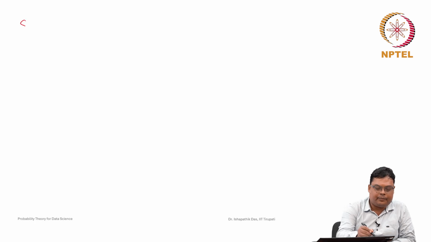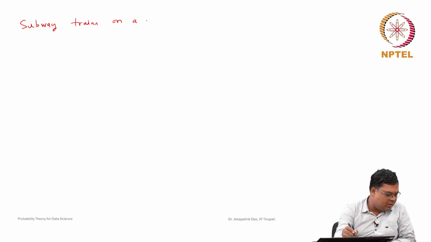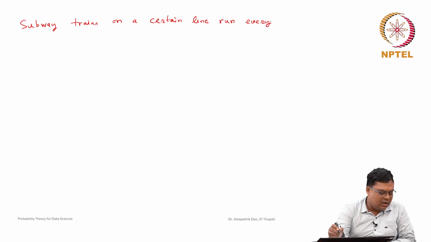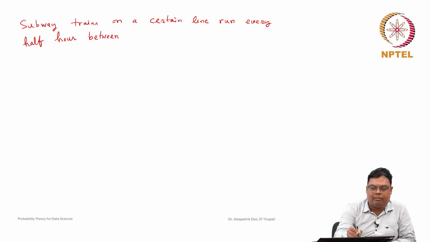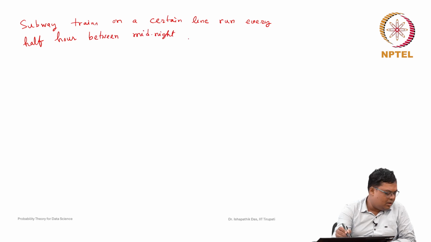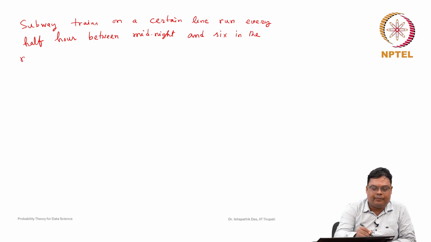Subway trains on a certain line run every half hour between midnight and 6 in the morning.